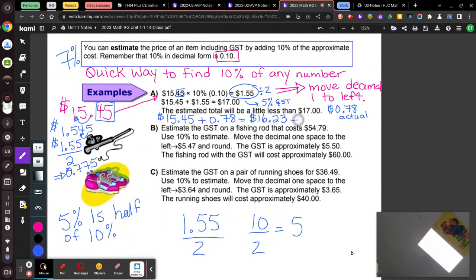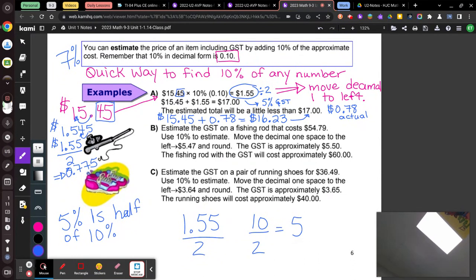And notice it's a little bit less than 17. So 17 was what we rounded up to estimate, and our actual total is a little bit smaller, which is good. We always want to be under the estimate. You estimate high, so that when your number comes in lower, you're happy because you pay less, which is a good thing.